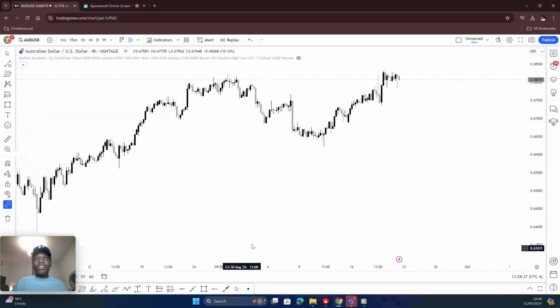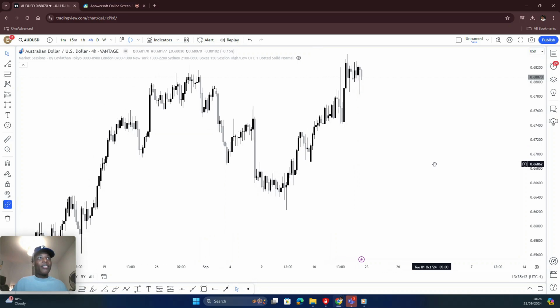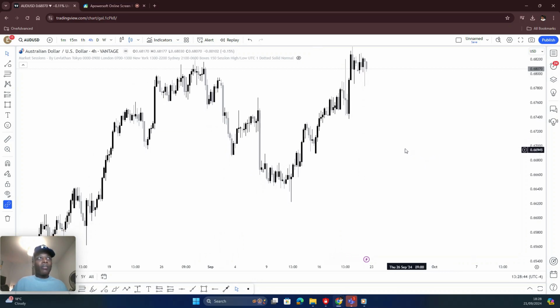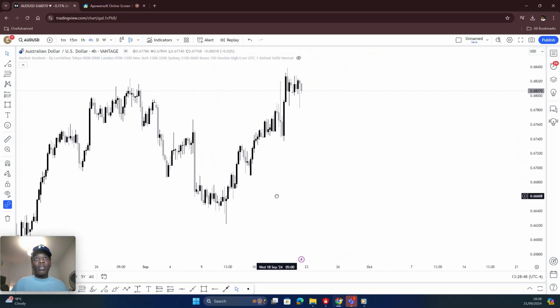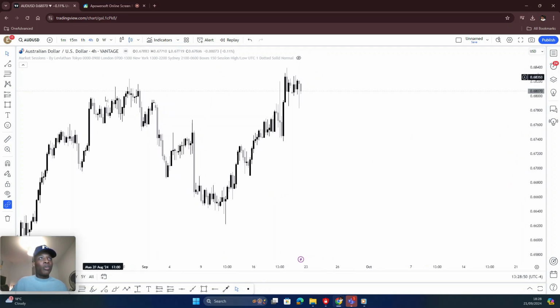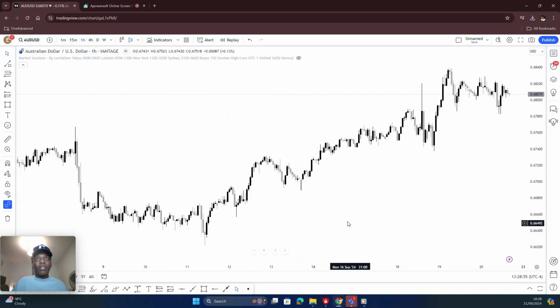So this is the chart on the Australian dollar, I mean AUD USD. So we're going to mark up, actually let's mark it up on the 1 hour time frame just to give us a precise chart.